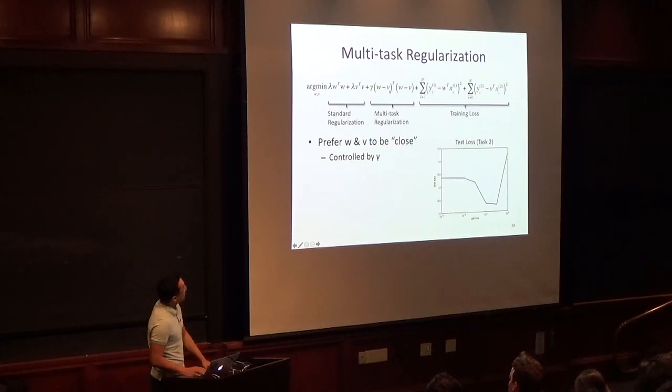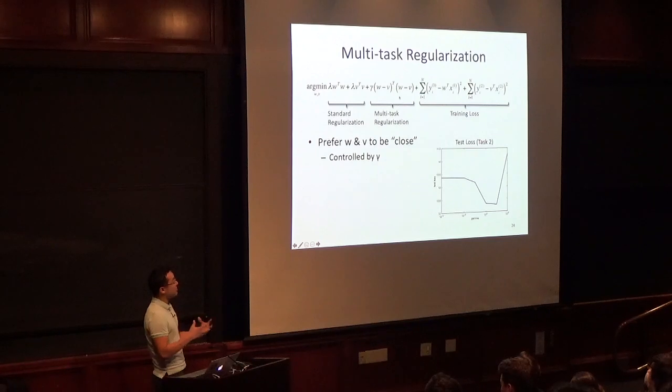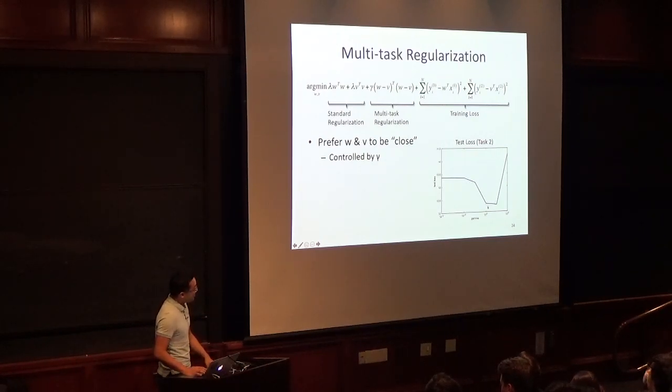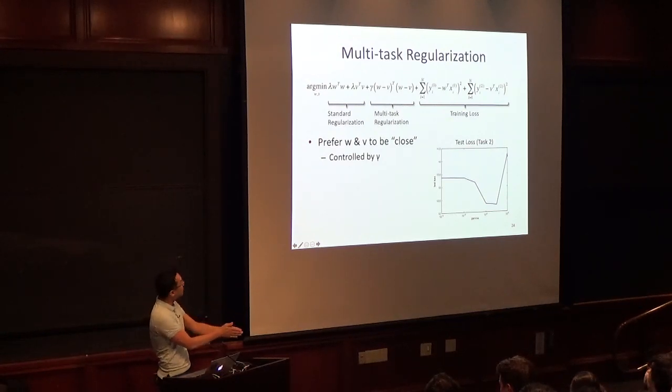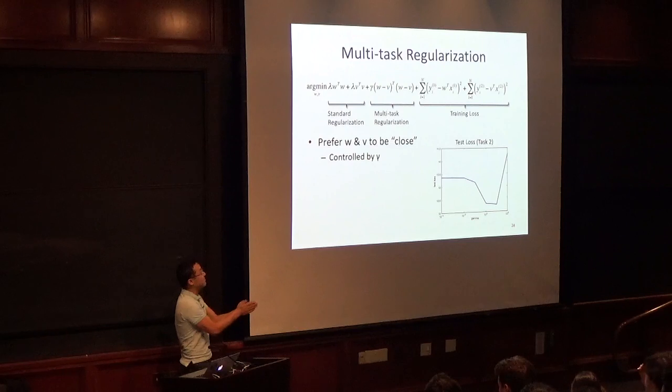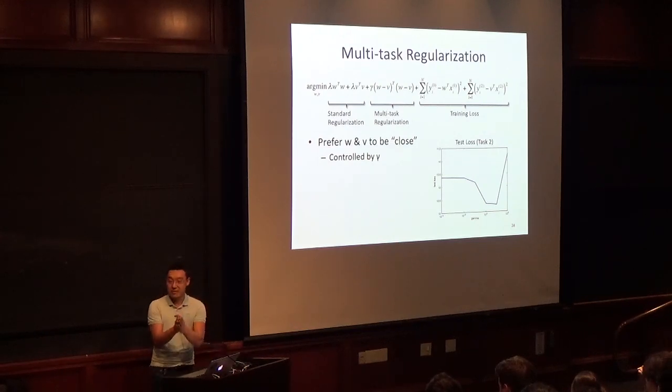And now you see that this is test loss as a function of gamma for a fixed lambda. As gamma increases, that means I prefer W and V to be close to each other more, and the test loss decreases. Then as gamma gets too big, which means I effectively want W and V to be the exact same vector, if gamma is infinitely big, then I pay infinite penalty if W and V are not exactly the same vector.